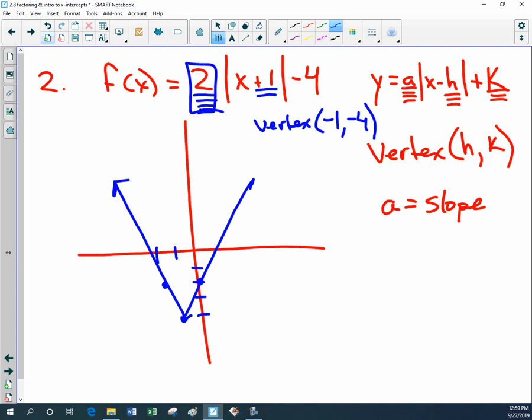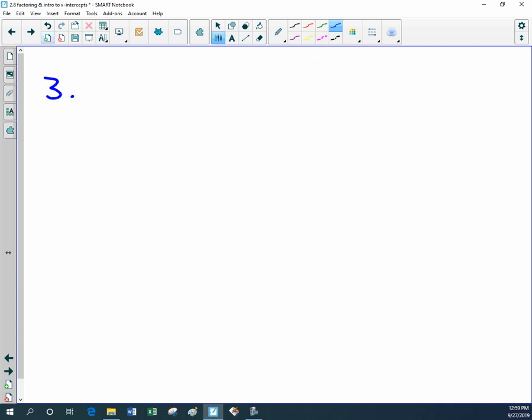Okay, problem number 3. On problem number 3, we are given this. Now notice this time, inside the absolute value, we only have the x. So there's no h. If there's no h, then what would it be? 0.